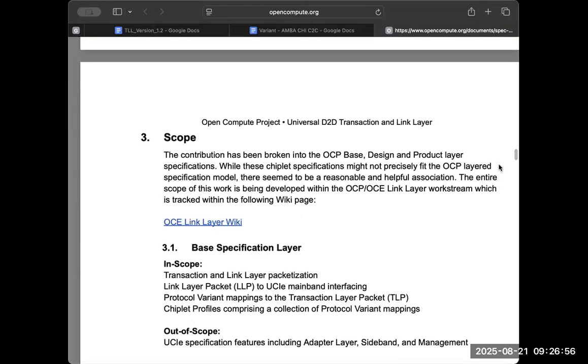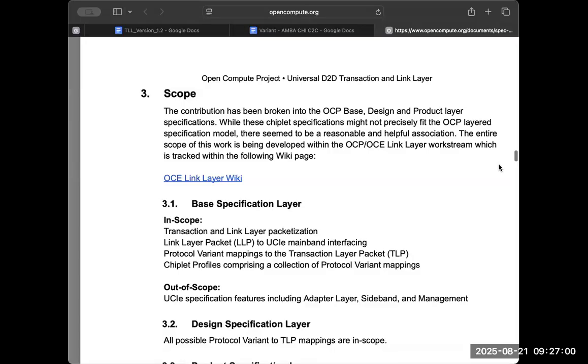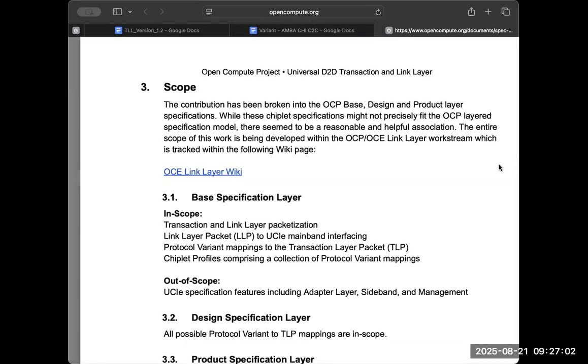Okay. So aside from all the OCP stuff on the top, I'll start in chapter 3, the scope. I broke this into a base design and product layer specification. This is kind of an OCP format. It may not fit exactly the same, but I thought it was kind of an interesting overlay. At the base is, let's say, the TLL.